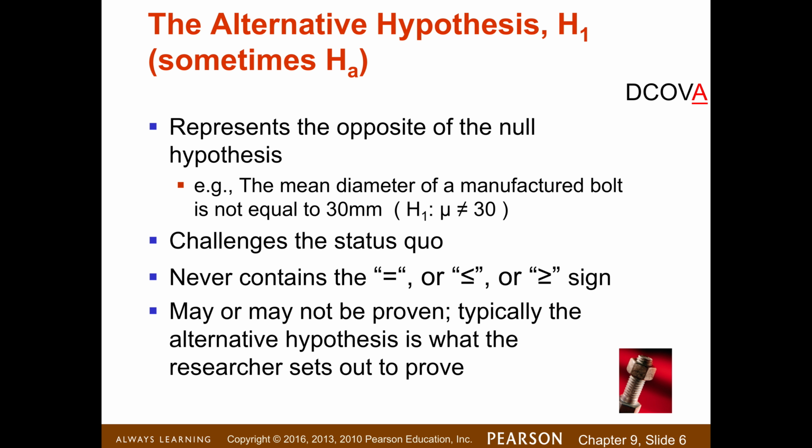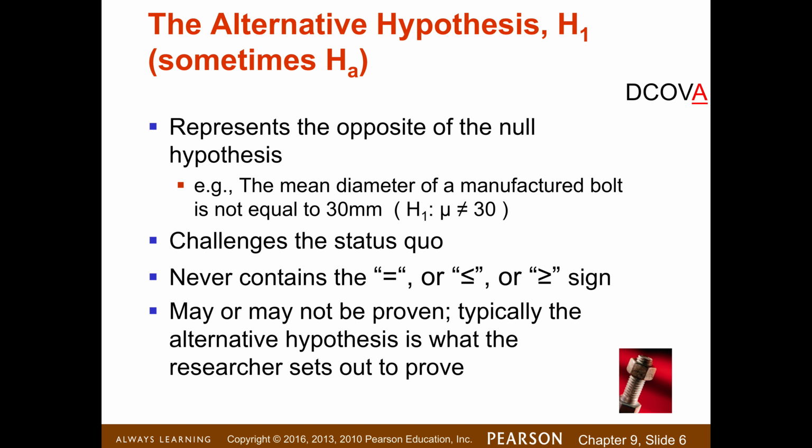And the alternative hypothesis is the aggressive one, always trying to find fault, always challenging the status quo. So here, the alternative hypothesis would be that the manufacturing process is not working. It's not creating bolts of an average of 30 millimeter diameter. So it's, again, challenging the status quo.